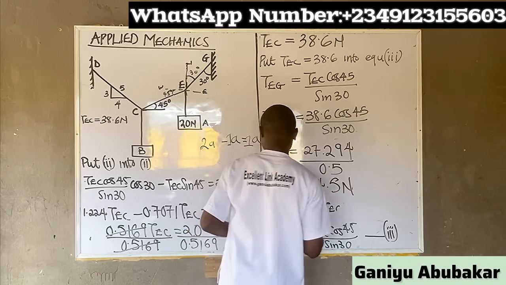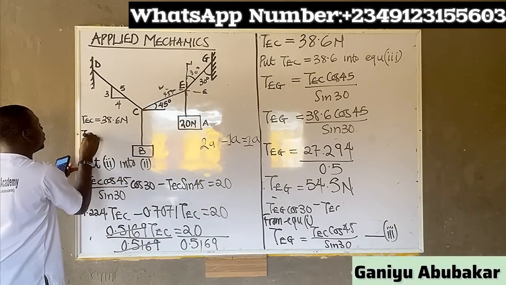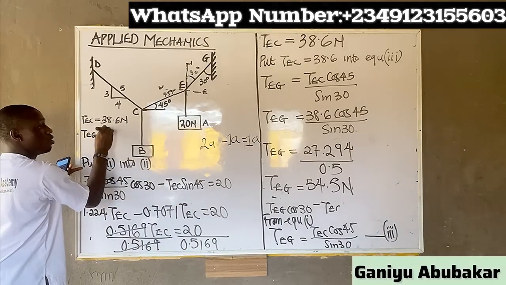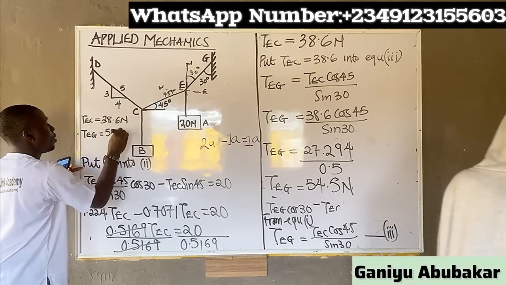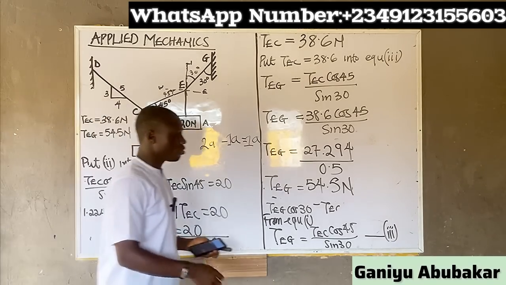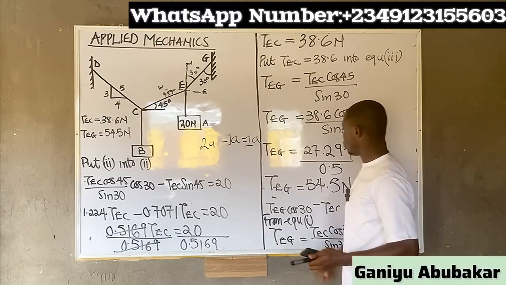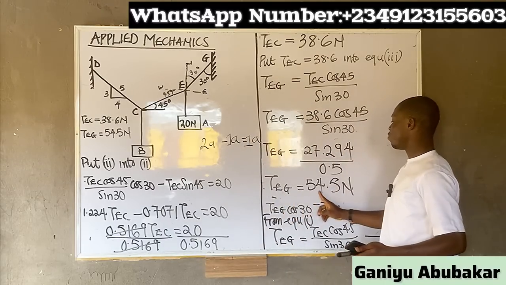So I'll put it here: TEG equals 54.5 Newton.